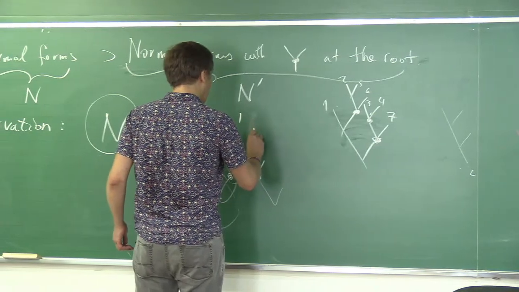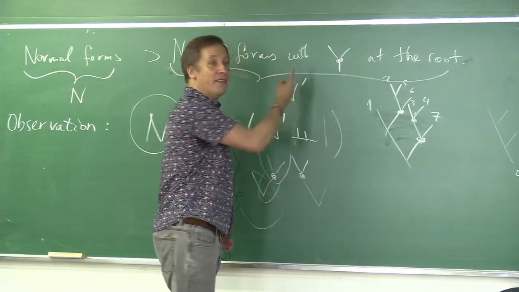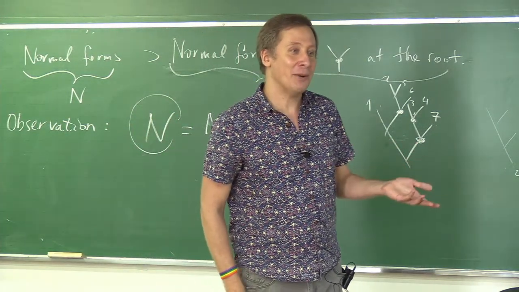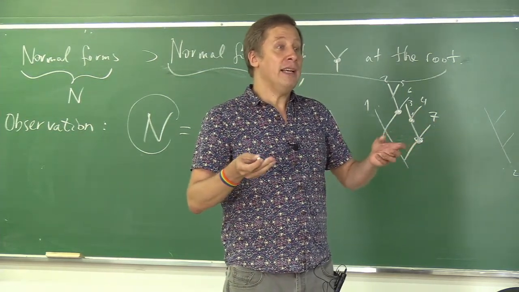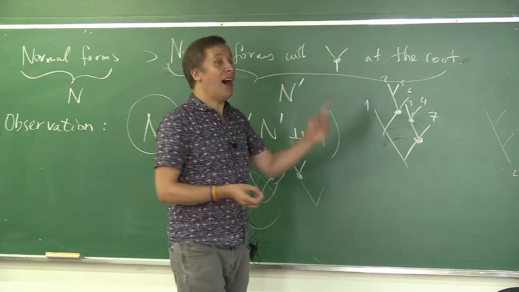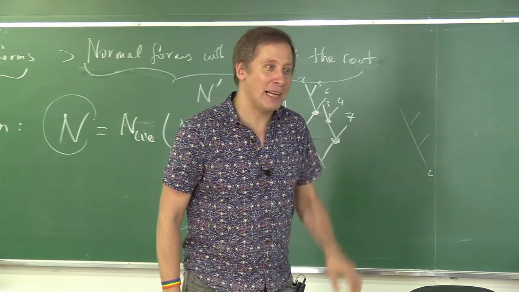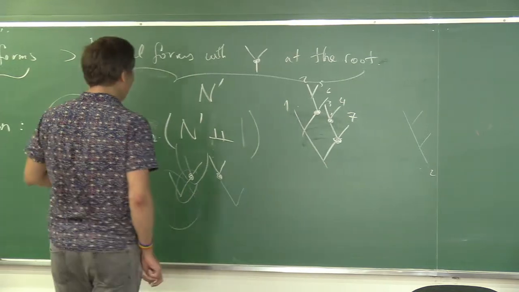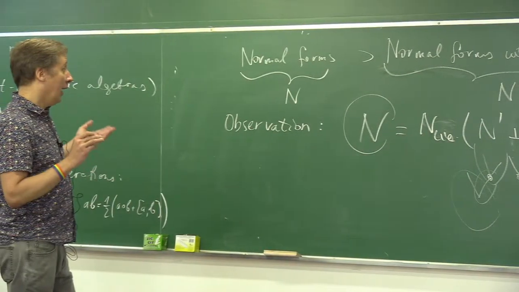I should also, of course, add to it just the trivial tree corresponding to the identity operation. So yes, you are right. So every normal form is a Lie monomial of things, each of which is either a letter or a symmetrized product of something. Yes, thank you. Thank you very much.